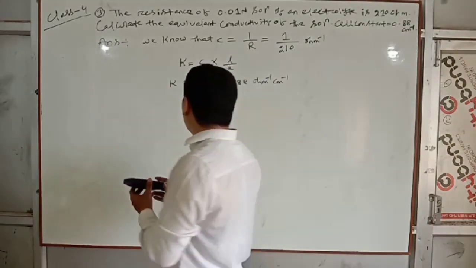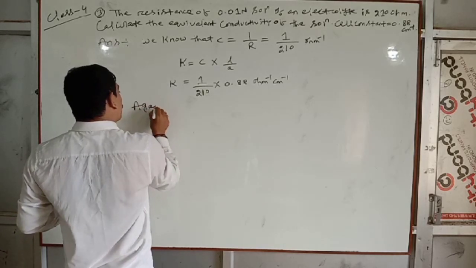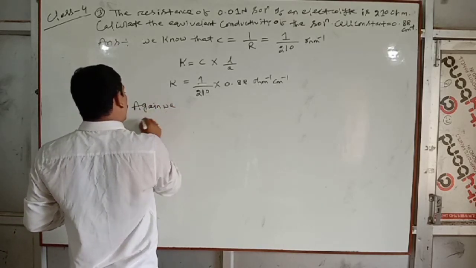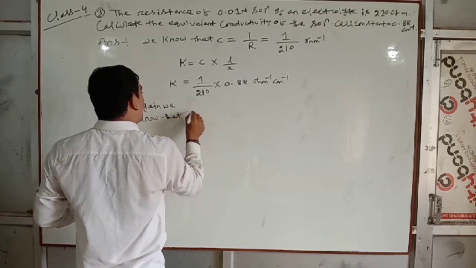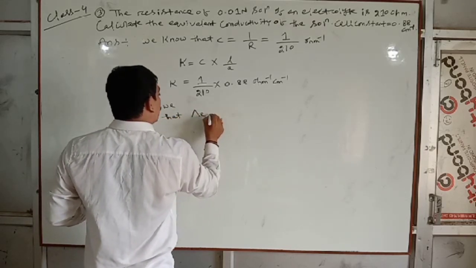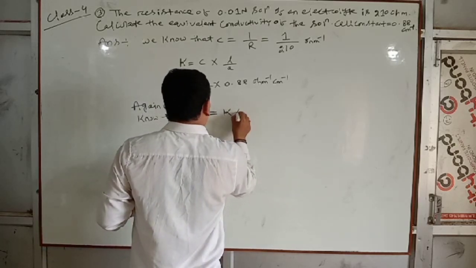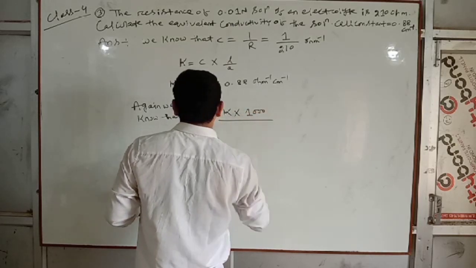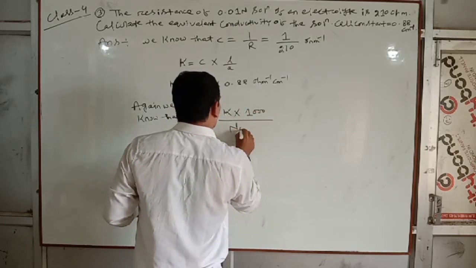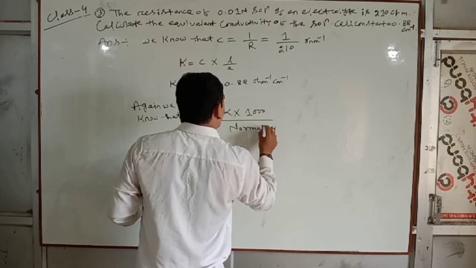Next we know that again equivalent conductance equal to kappa into 1000 by normality.